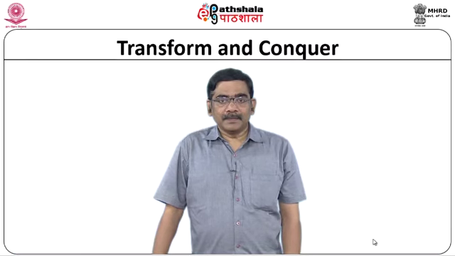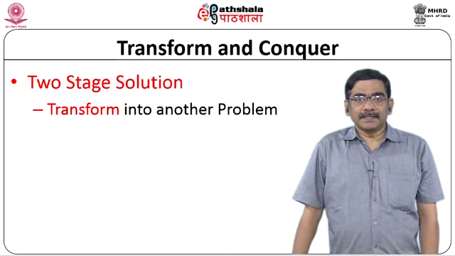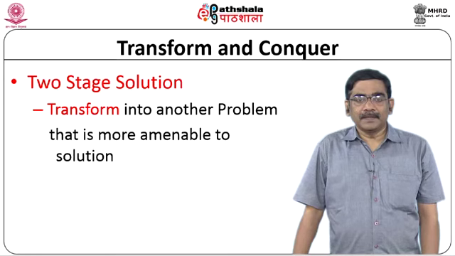Last module we discussed the transform and conquer strategy. Probably you can recollect this is a two stage solution. In stage 1 we try to transform a problem into another problem that is more amenable for solutions.